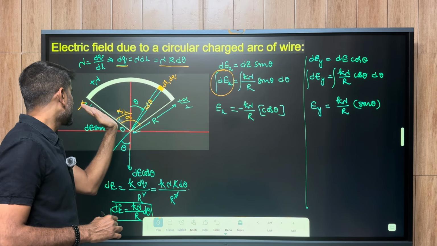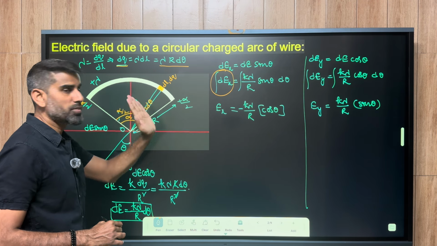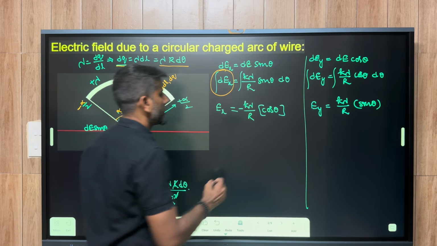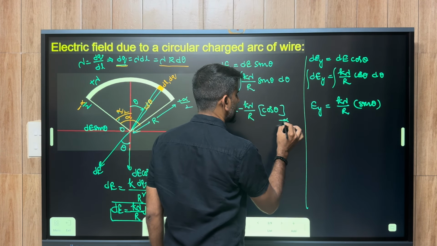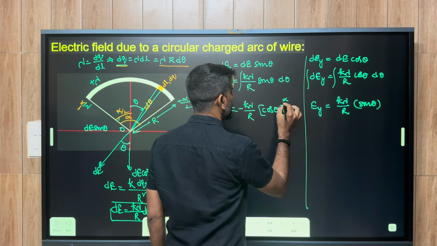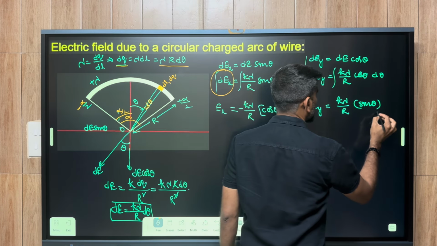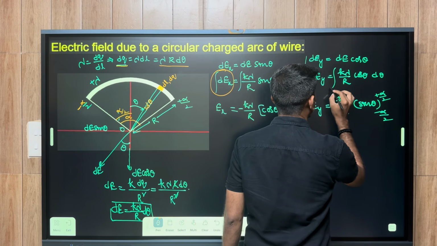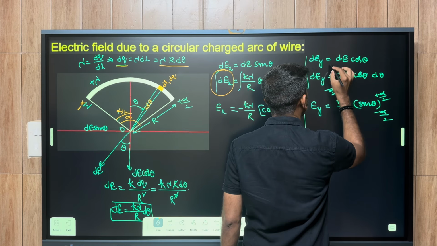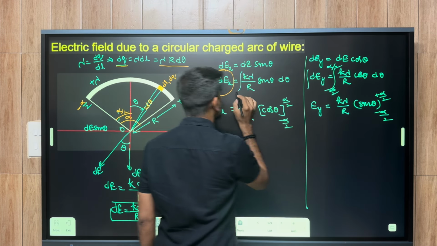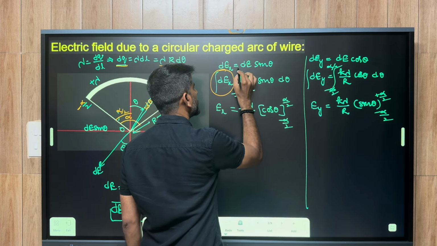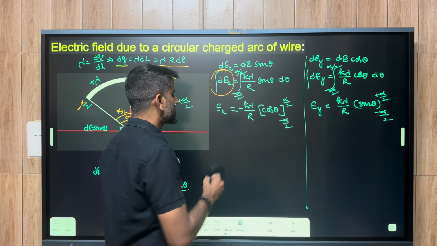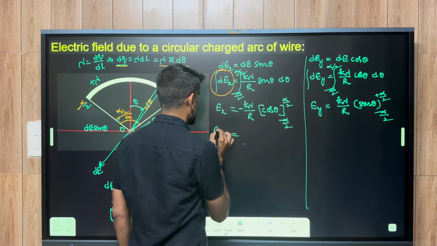So the angle extends from minus alpha by 2 to plus alpha by 2. Now let's substitute the limits.